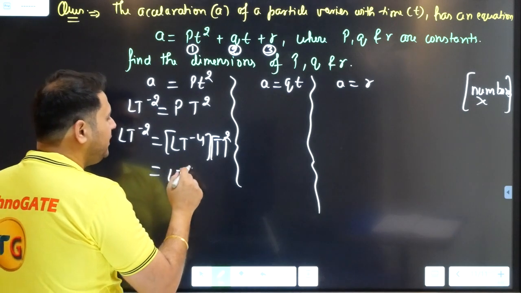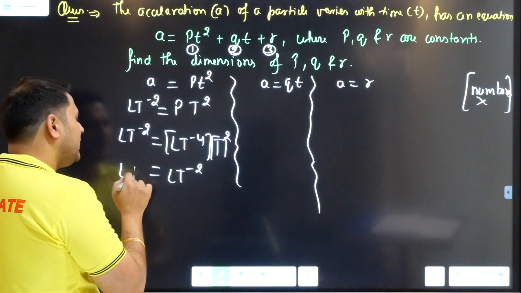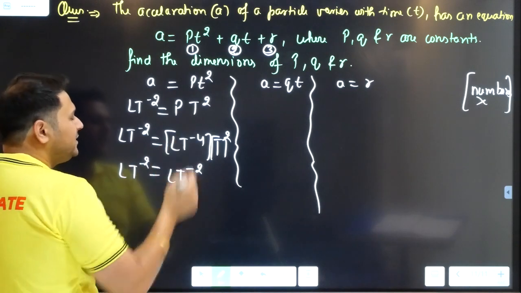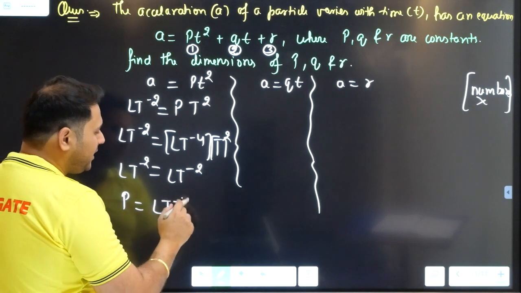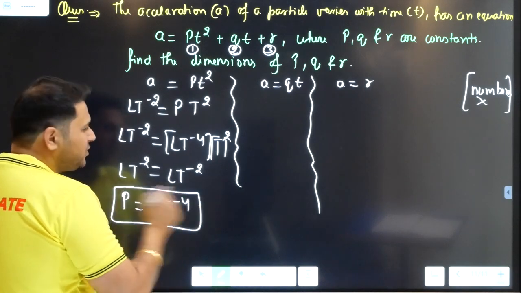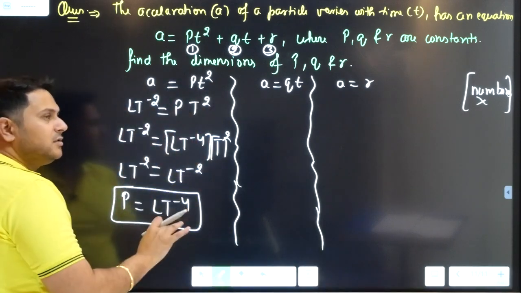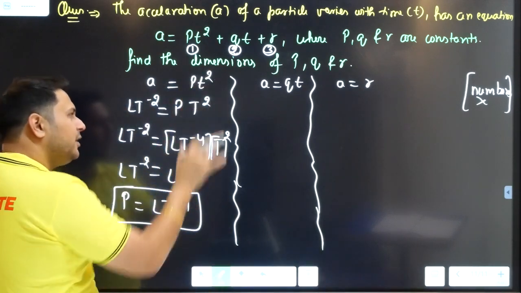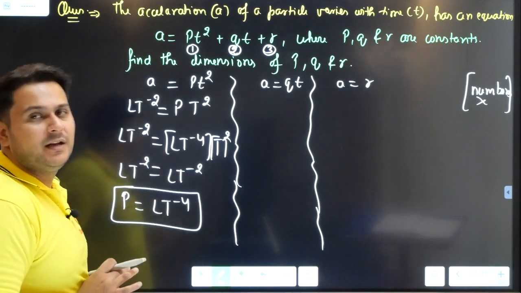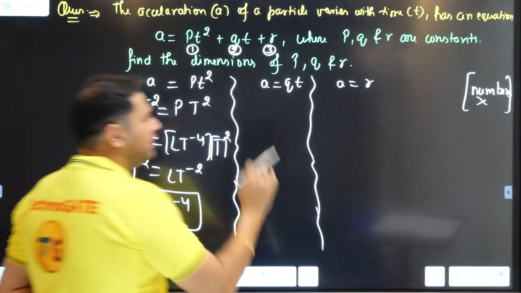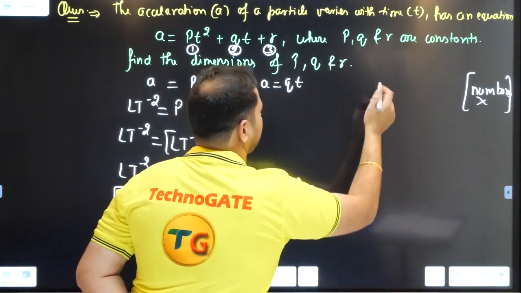I am getting LT minus 2. LT minus 2 equals LT minus 2. So what is the value of P? The value of P is coming out to be LT minus 4. So the dimensions of P will be nothing but the dimensions which will help this particular RHS to match the dimensions of LHS.